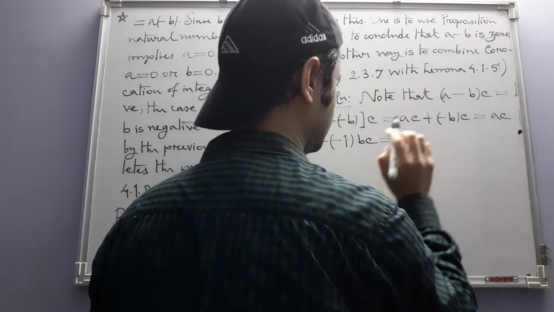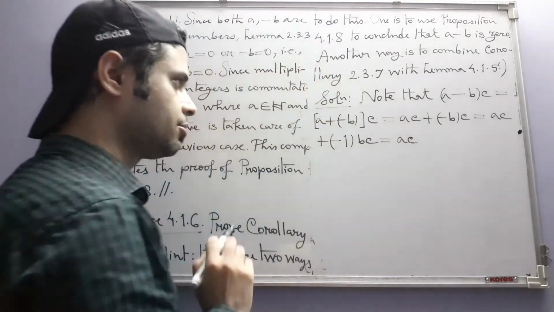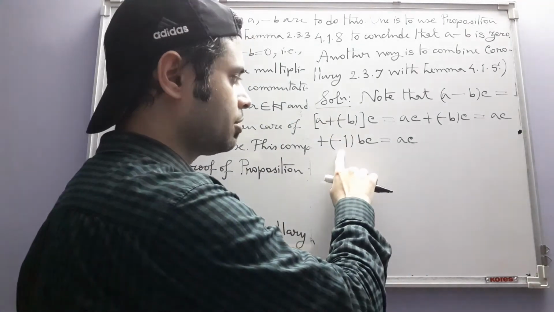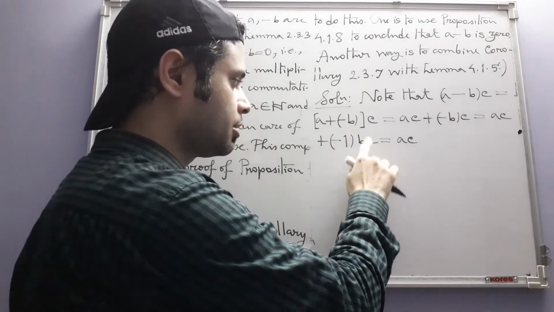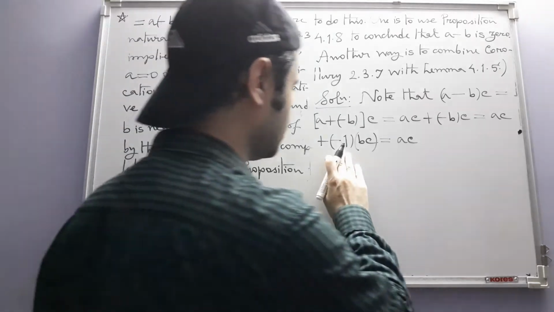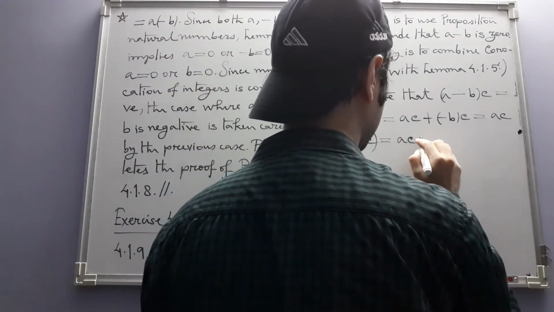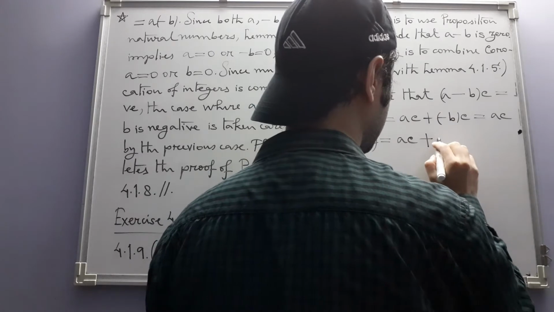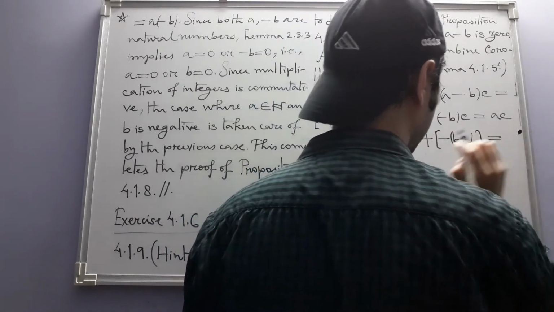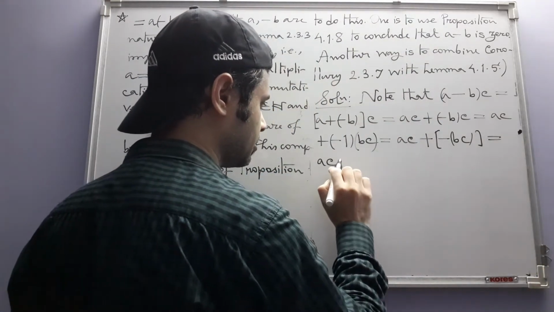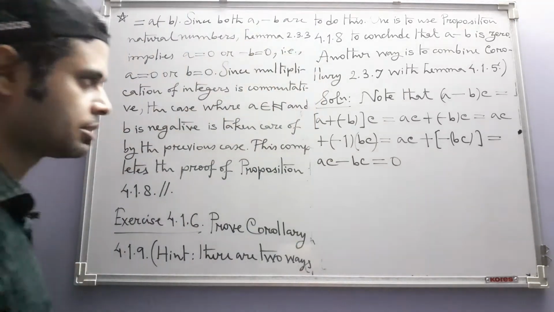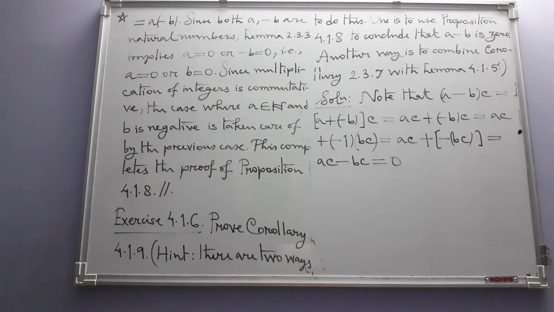Because multiplication of integers is associative, I can consider b and c together. And again, by applying exercise 3, we get minus bc, which by the definition of subtraction is ac minus bc. So this is equal to 0 because it is given that ac is equal to bc.